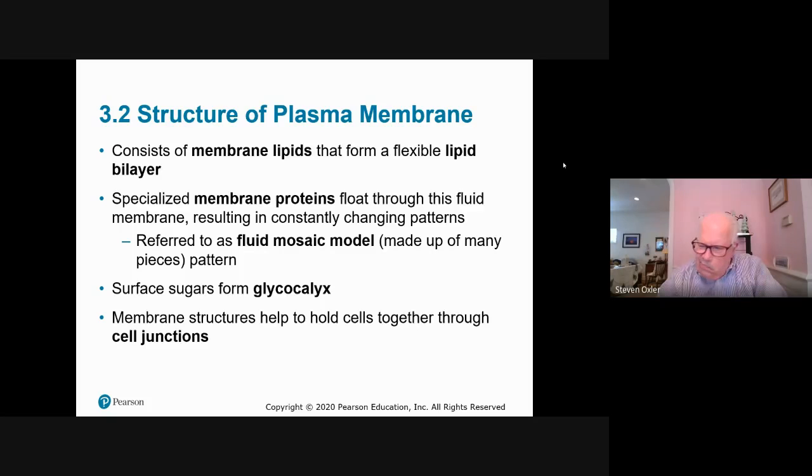Glyco means sugar, calyx means skeleton, so there is a sugar skeleton formed by these sugars around the cell membrane. The structures hold these cells together through cell junctions, and there are three types of cell junctions, and we'll talk about those junctions later.